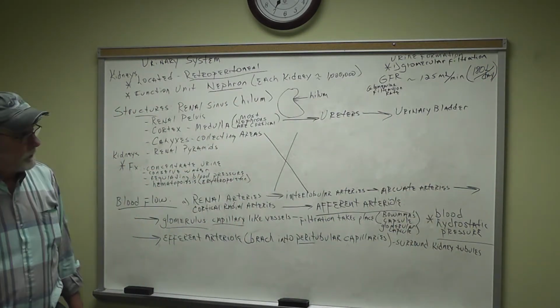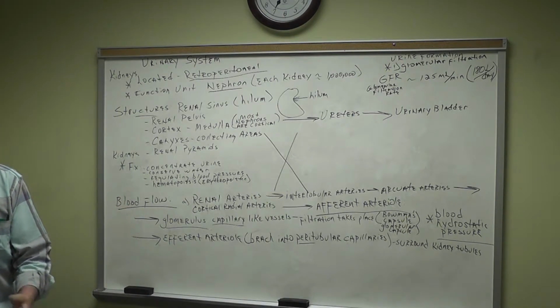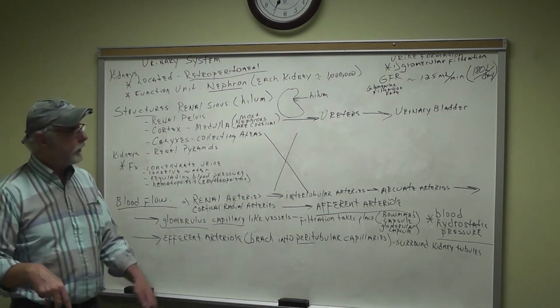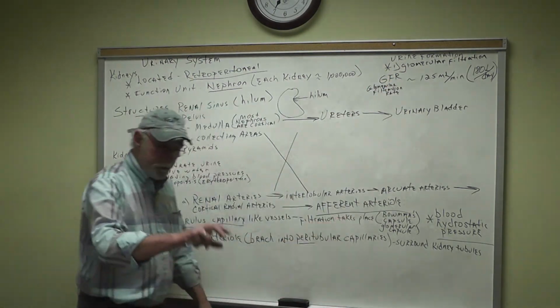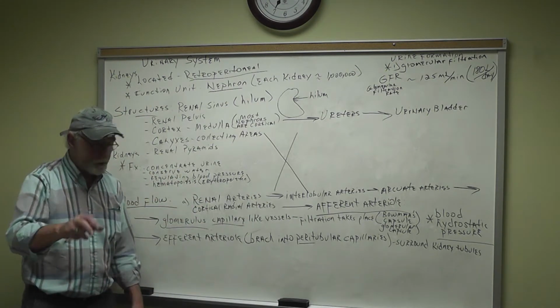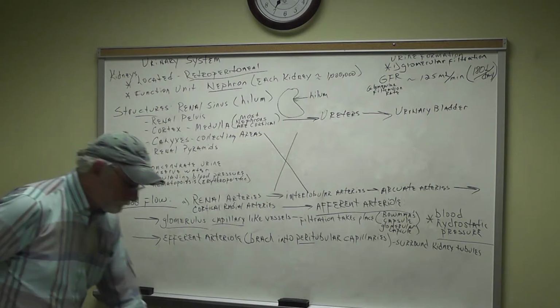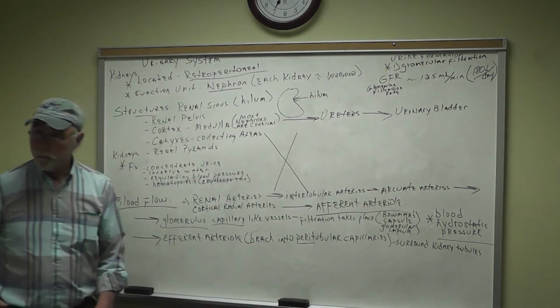Obviously we don't put out 180 liters of urine per day. Remember, this stuff is filtered, it goes into Bowman's capsule, and then it starts traveling through the tubular system. So the question remains, what happens to the bulk of that fluid?